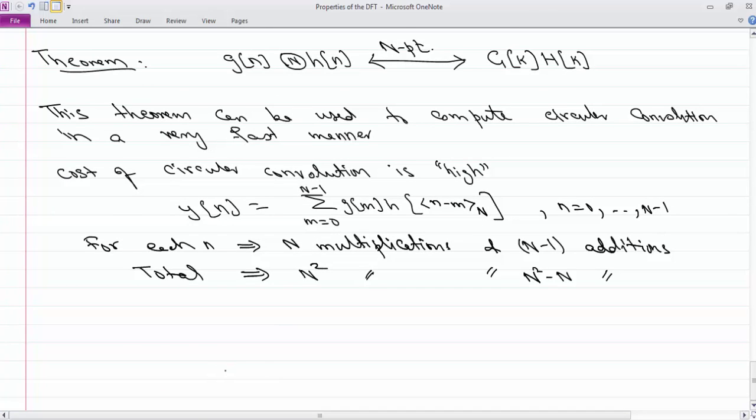But what this formula says is that I can take my sequence g[n], and I can compute its n-point DFT, G[k], using only order n log n to the base 2 operations.